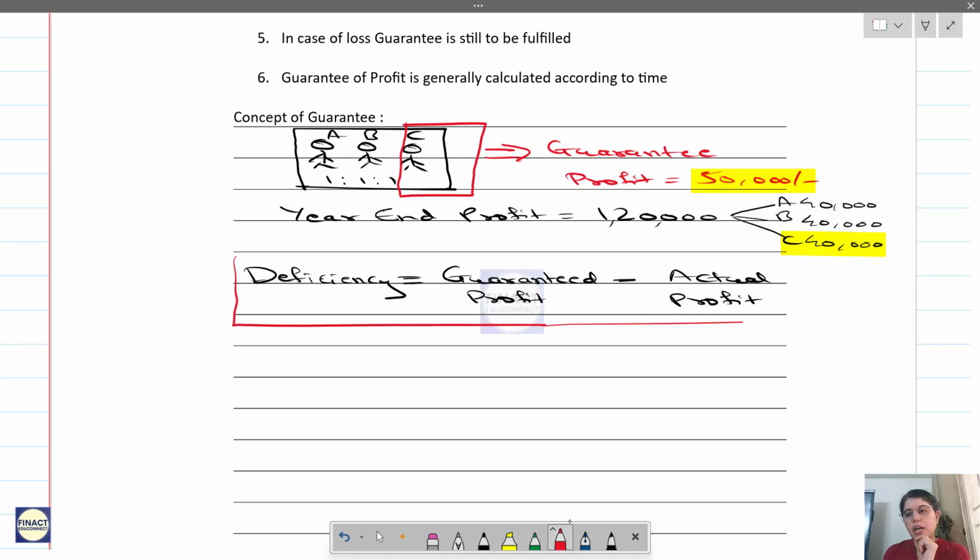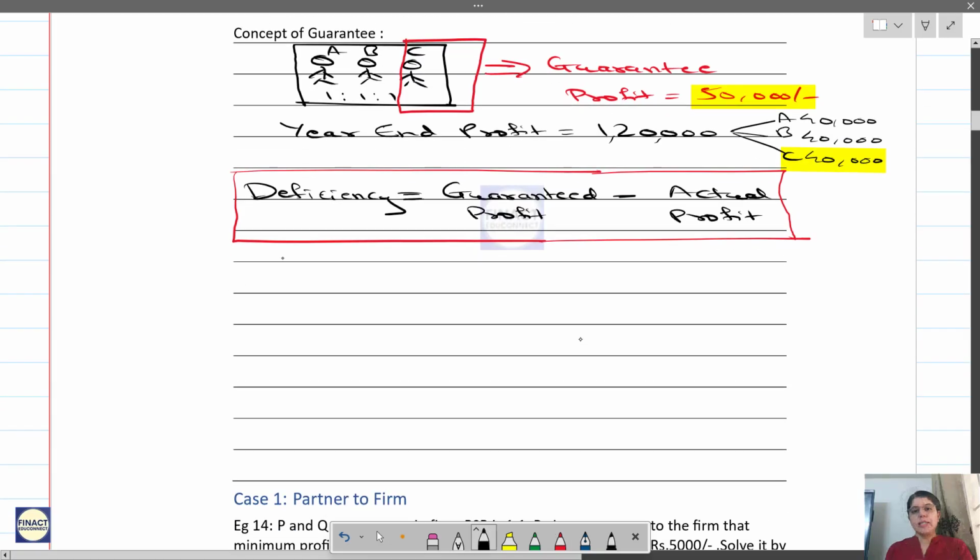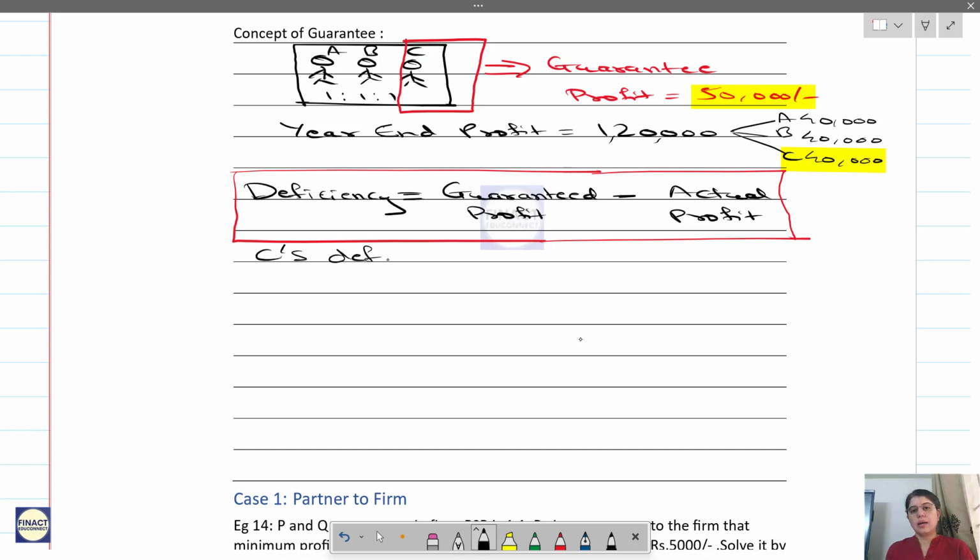You can just highlight this formula. Don't write yet, I'll give you time to write. Now let us calculate the deficiency. C's deficiency is 50,000 minus 40,000, so 10,000 is C's deficiency over here.